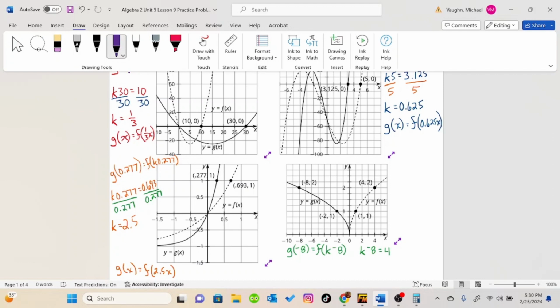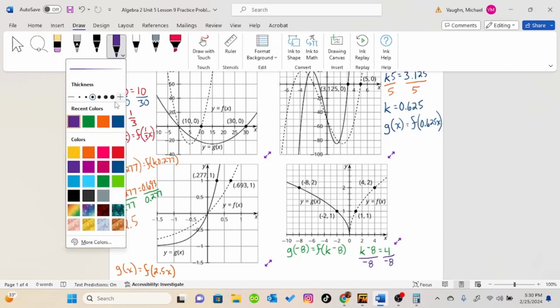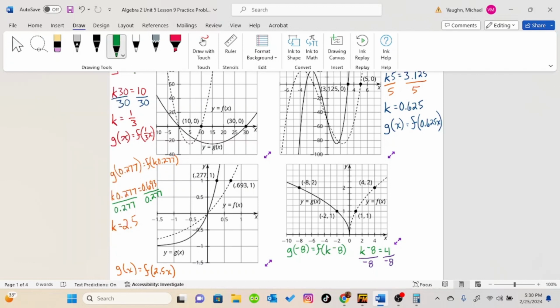So to get k by itself, we would divide both sides by -8, and we would get our answer that k equals -1/2.